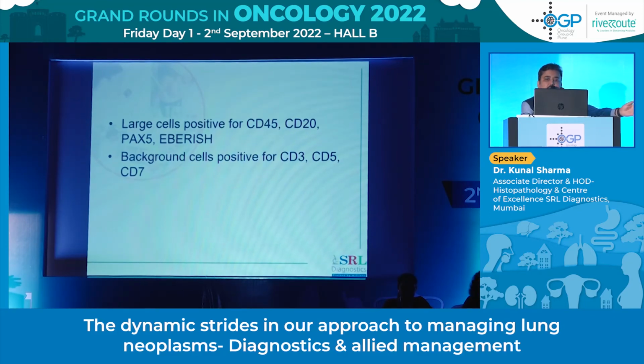And we had large cells which were positive for CD45, CD20, PAX5 and Eber-ISH in a background of a uniform T cell population which did not show any loss of pan T cell markers, and Eber-ISH was strongly positive. The patient wasn't clinically looking like a lymphoma, and I told you the vague findings clinically that the patient had.